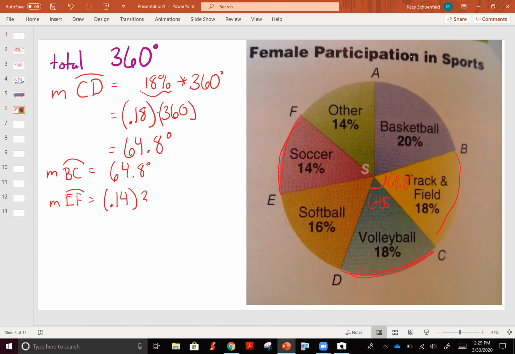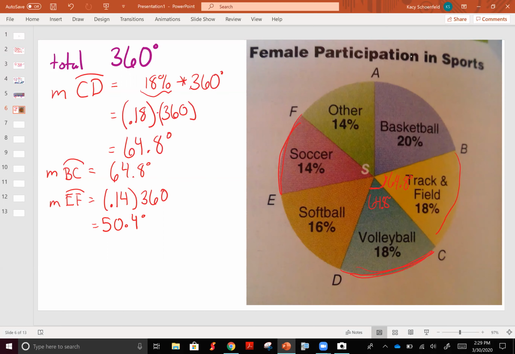So if we do 0.14 times 360, we're going to get 50.4 degrees. That should be the amount of work you have to do. If you were to figure out all of these things, all of your angles would add up to 360. We can add arcs just like we can add angles.